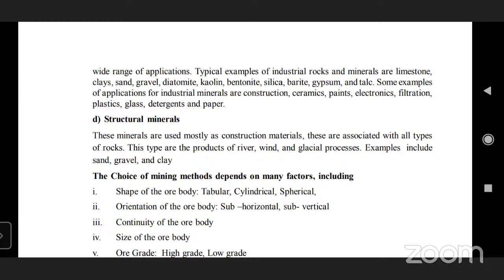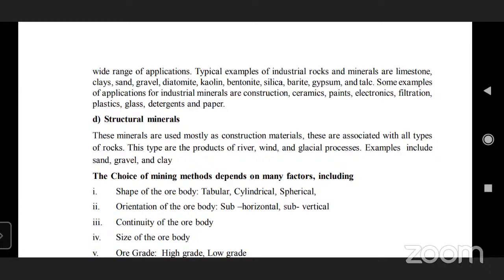These are very good examples of industrial materials, which are used in the industries for their commercial value. We use these minerals on a large scale, in large amounts, for industrial purposes.